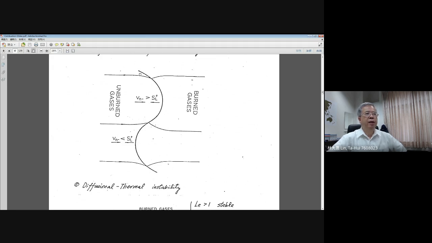Looking at this flame structure, the left-hand side is the upstream premixture part, where the unburned gases come from the left. After burning, after the chemical reaction, the burnt gas moves to the right-hand side. The left-hand side is upstream and the right-hand side is downstream, as in our one-dimensional premixed flame model.